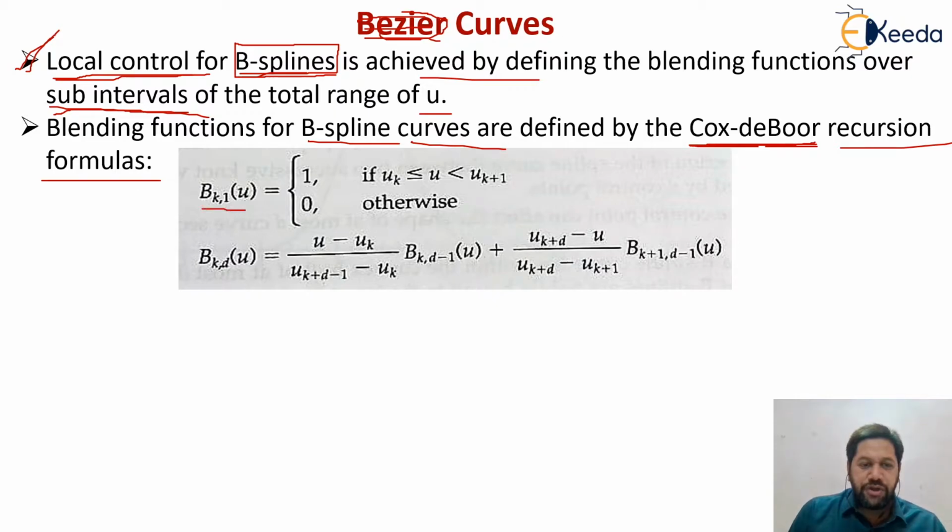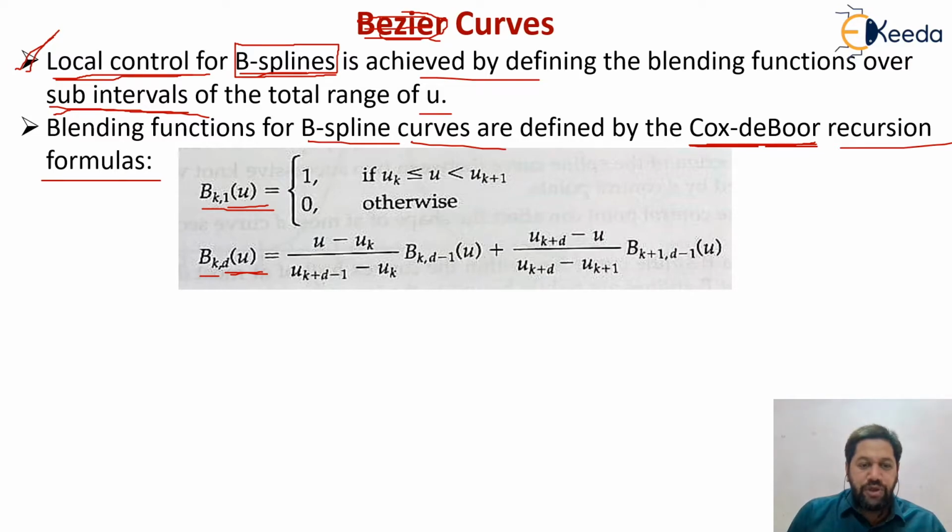Now let us see how it works. The recursive function B_{k,1}(u) is the starting point, starting with the value 1, and then we have B_{k,d}(u) up to d. The value of d ranges from a minimum of 2 to a maximum of n plus 1, where n plus 1 is the number of control points.